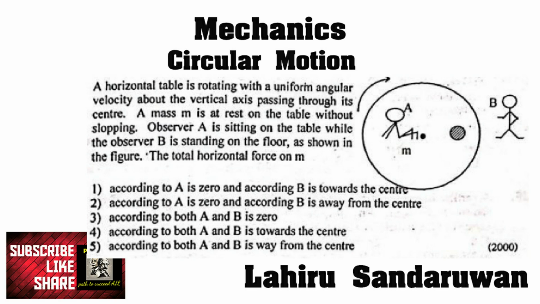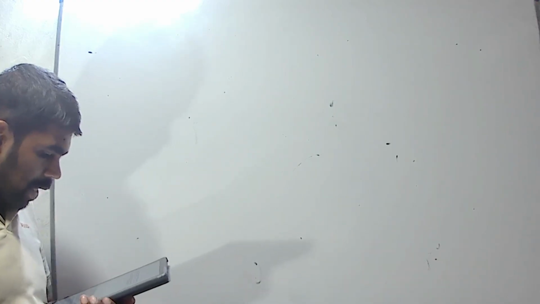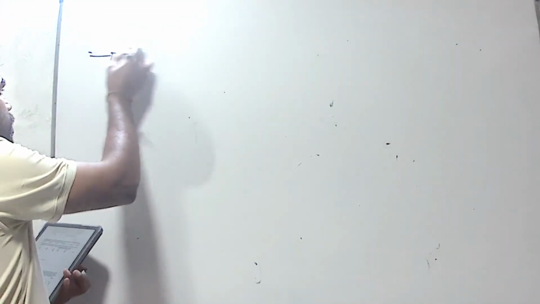As shown in the figure, the total horizontal force on m according to A and B. We know that according to A, the mass is rotating with the table. Therefore, according to A, the resultant force should be 0, but according to B, the resultant force should be towards the center. Then the answer should be 1.